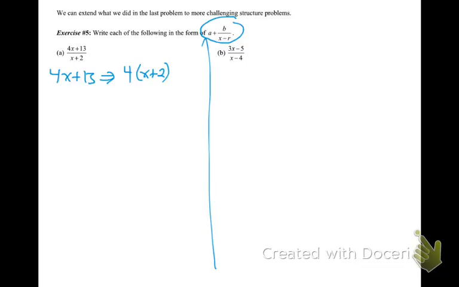But if I do 4 times x plus 2, that gives me really 4x plus 8, right? What do I have to add to 8 to get to 13? Well, I have to add a 5. So I can rewrite that numerator as 4 parentheses x plus 2 plus 5 over the x plus 2.